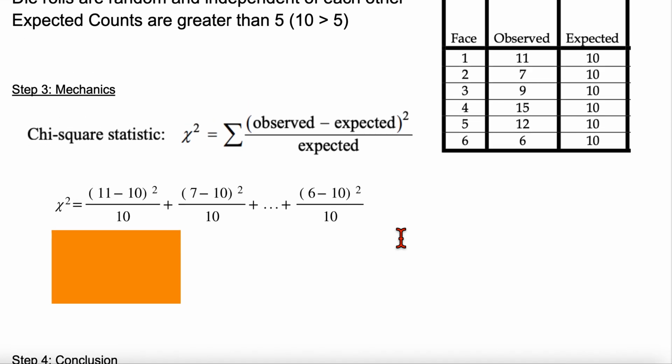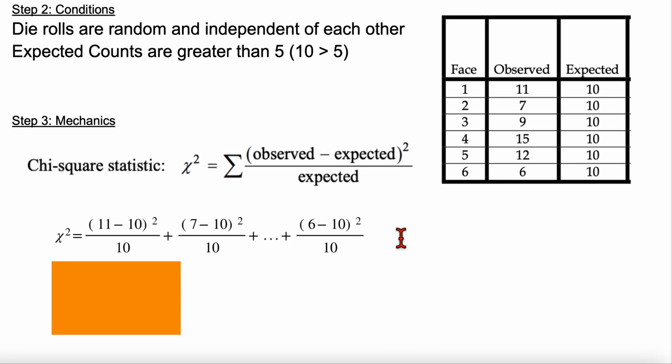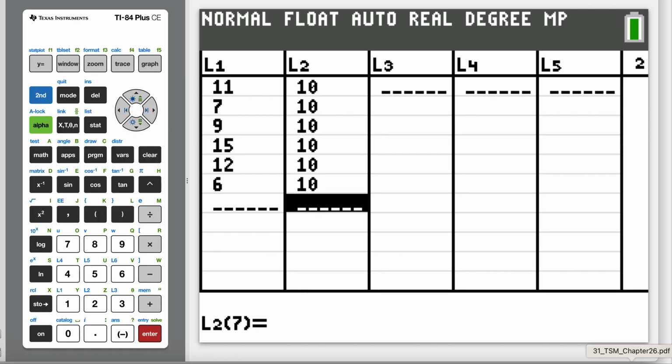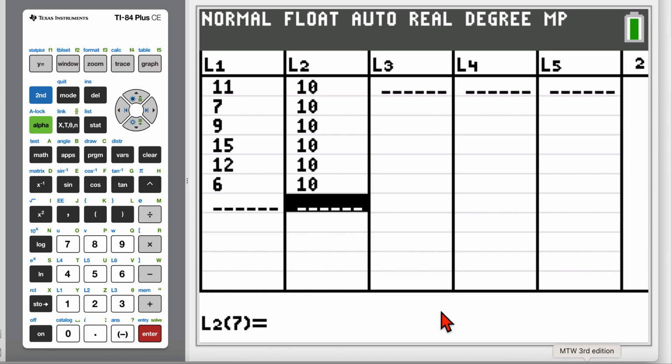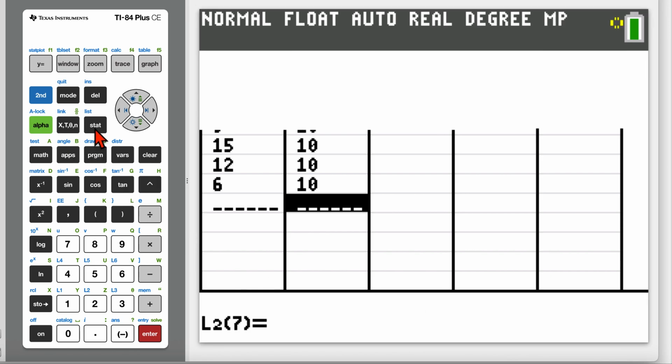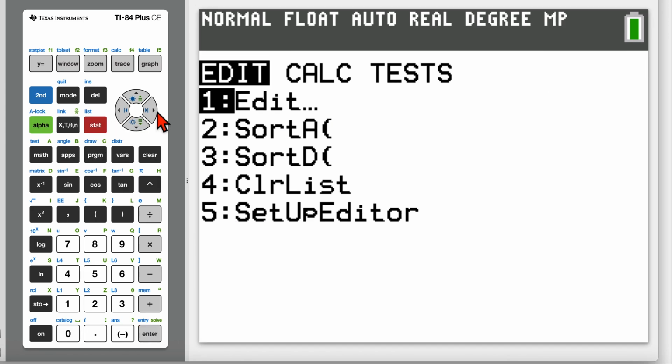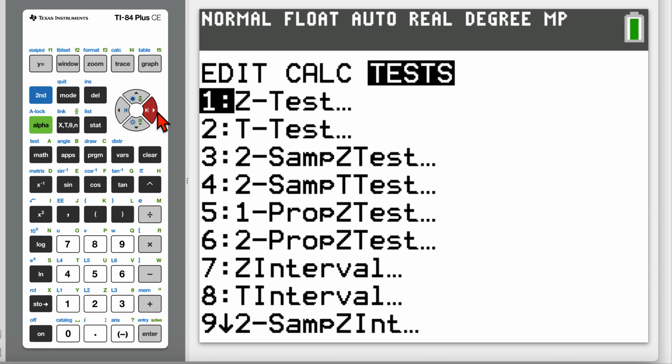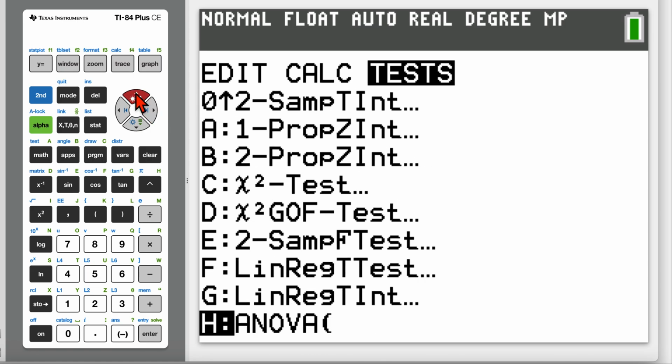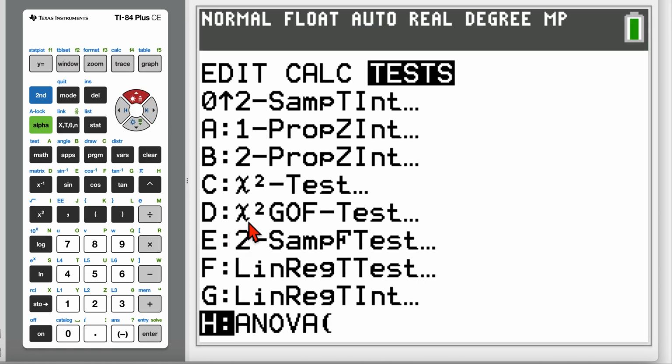I would now like you to take a minute and take out your calculator. Put your observed values in list 1 and your expected values in list 2. Now go to Stat, arrow over to Tests, and arrow up, and notice you see chi-squared goodness of fit test.